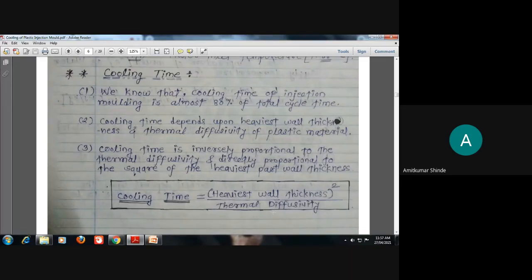This is one formula. This cooling time depends on heaviest wall thickness and thermal diffusivity, and the square of the heaviest wall thickness you have to take here for calculation purpose. In short, you can explain that this cooling time is directly proportional to heaviest wall thickness and inversely proportional to the thermal diffusivity.